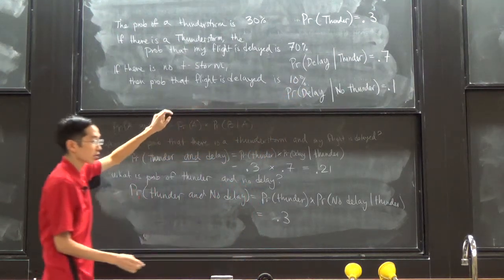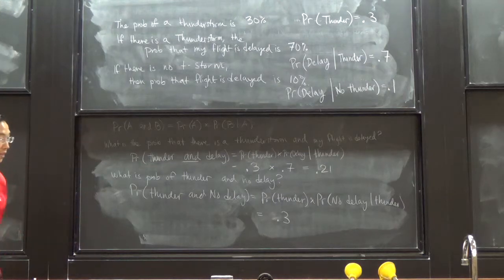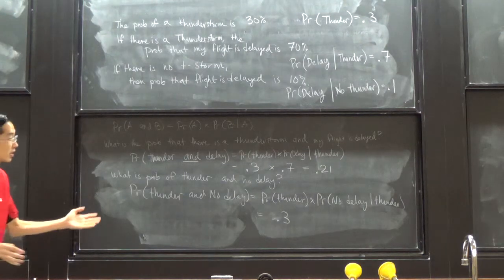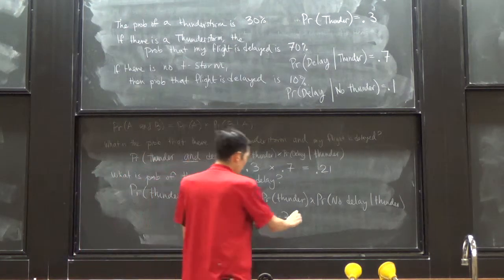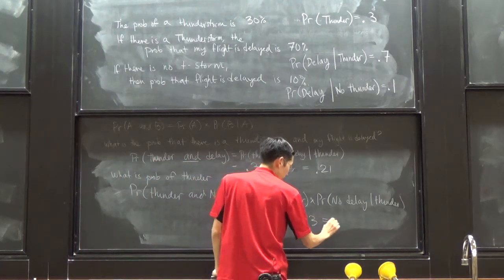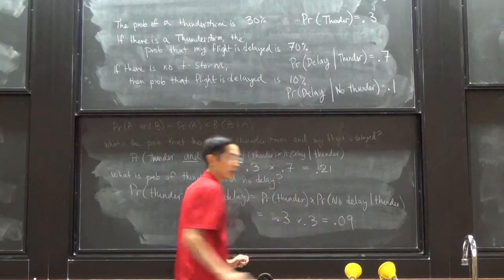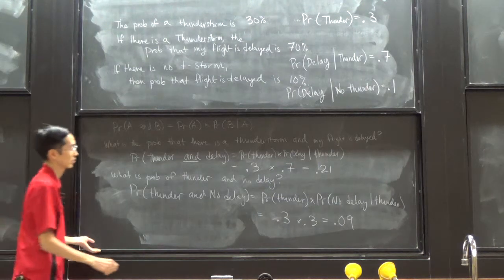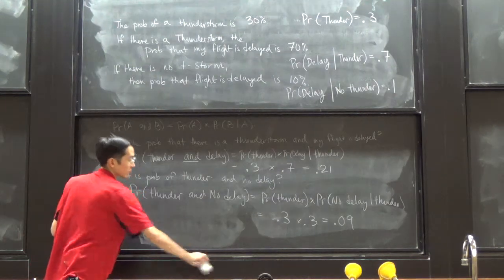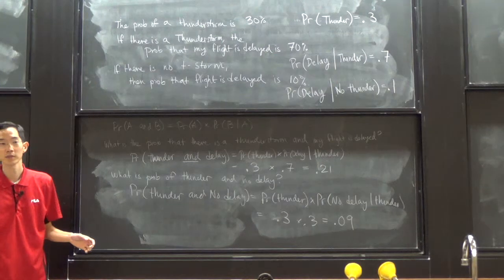But if there's a thunderstorm, the probability that I manage to get by with no delay would be 0.3. So then I'd have 0.3 times 0.3, and I would have 0.09. Is that good? All right.